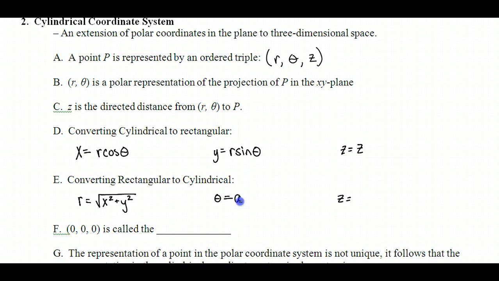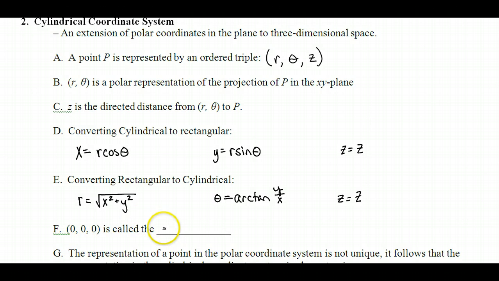Theta is still the arctangent of y divided by x. And remember, arctangent's inverse, this is a ratio, so it's going to create theta, an angle. And then z is still just equal to z. So converting cylindrical is just three-dimensional polar, but otherwise the rules that we've learned have stayed.